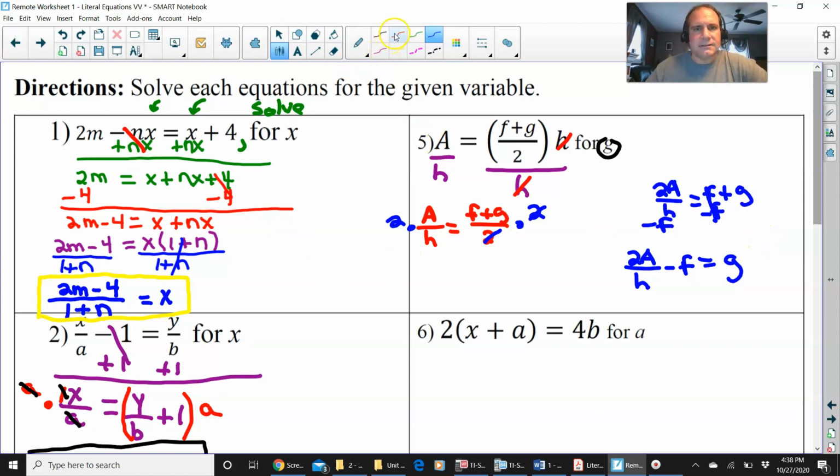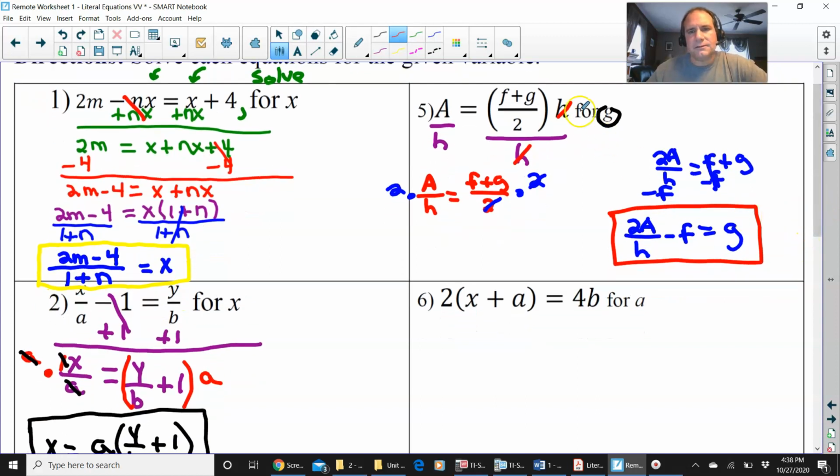And that is my answer for this question. Solved. You wanted to cancel that h out, you divided by h, you did that on both sides. You wanted to cancel the 2 out, you multiplied by 2, you did that on both sides. 2 times a is 2a, the h stays on the bottom as your denominator, and then you just subtract f on both sides, and you get 2a over h minus f equals g.